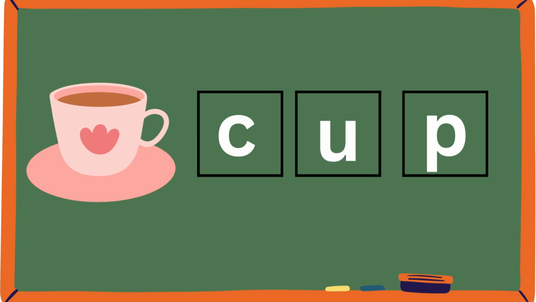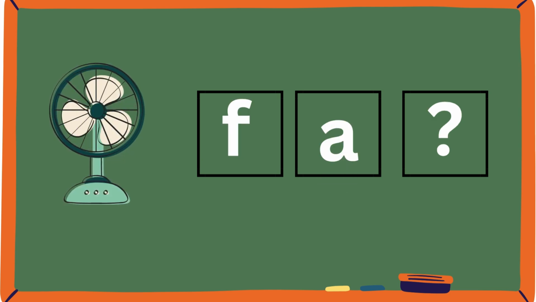If you said U, good job, because it is cup. U makes the sound uh, or it can sometimes make the sound oo. But in the word cup, it makes uh. So U has two sounds. Okay, let's move on.